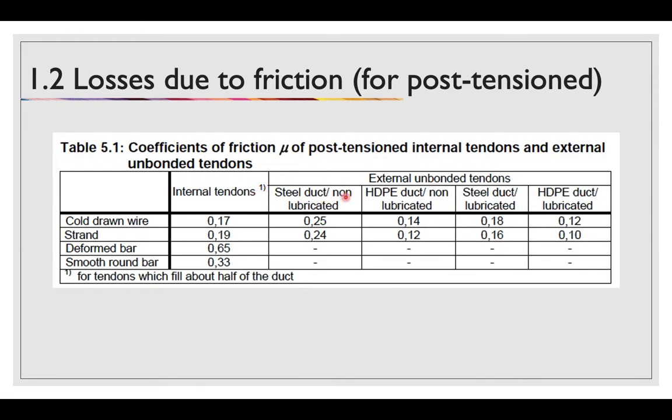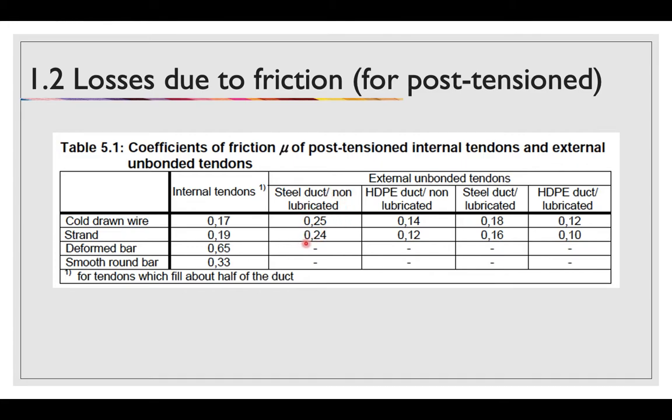For external unbonded tendons, we can see that we have different conditions here. We have a steel duct, which is non-lubricated. Then we also have an HDPE duct, which is also non-lubricated. And we also have a similar material of the ducts, but in this case the surface is lubricated. So we can see that there is a difference in the coefficient of friction.